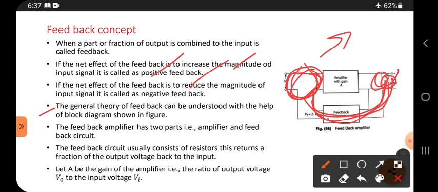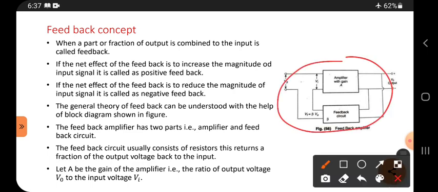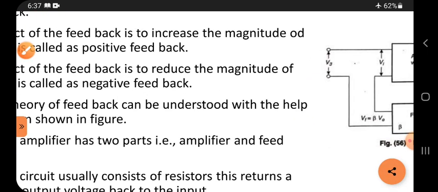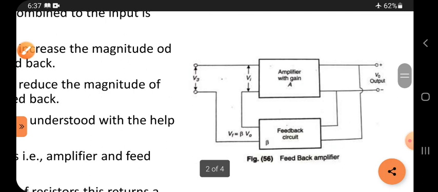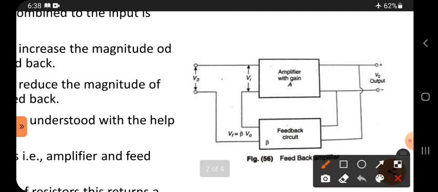The general theory of feedback can be understood with the help of the block diagram shown in the figure. This block diagram contains an amplifier with gain, and a feedback circuit.